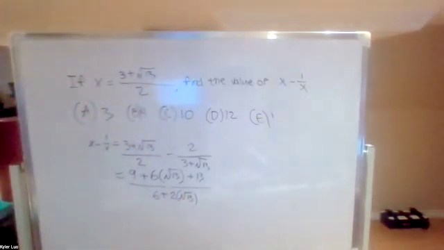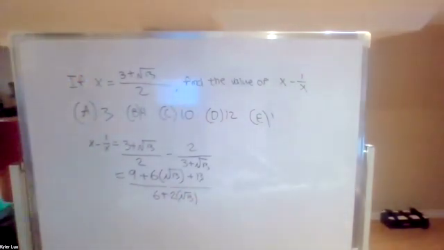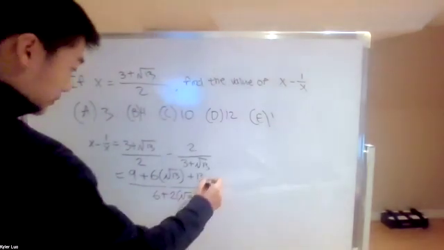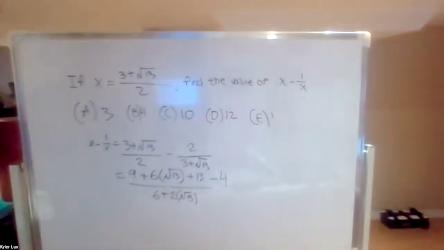And then subtract 4 at the top for the numerator, because both of the denominators are now the same.